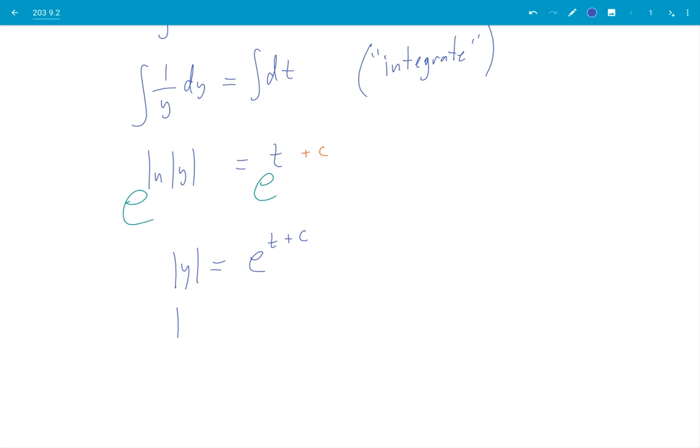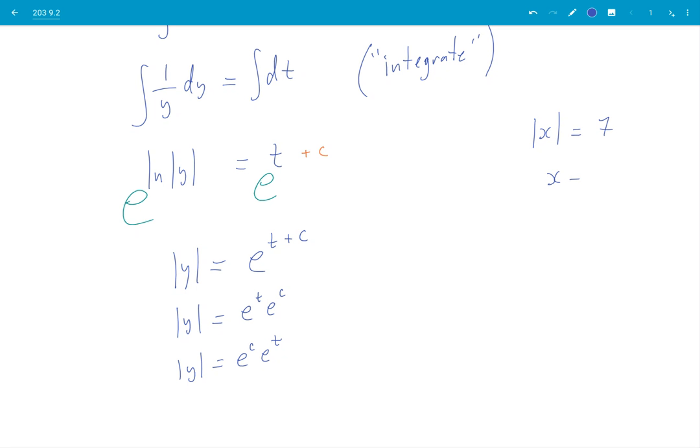And then what? Well, this is e to the t, e to the c, which is y is equal to, we'll put the constant first, e to the c. All right, where are we? If you have absolute value of y is equal to, let's say absolute value of x is equal to, say, 7.